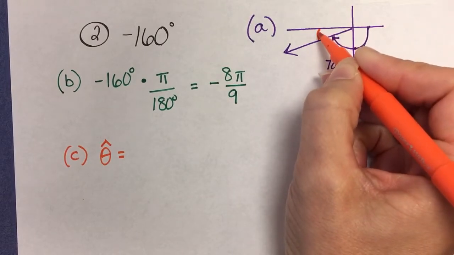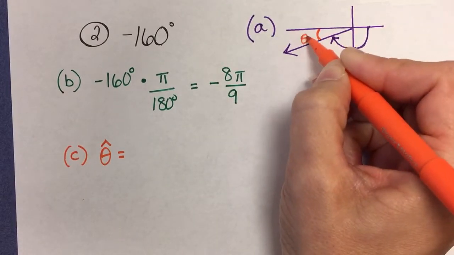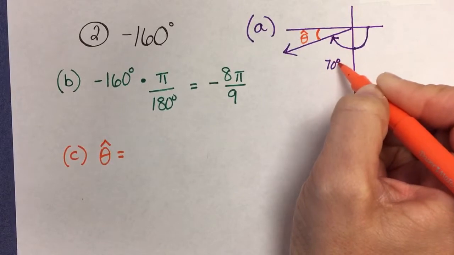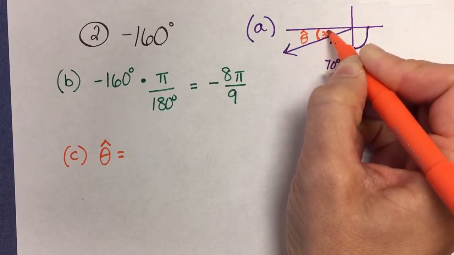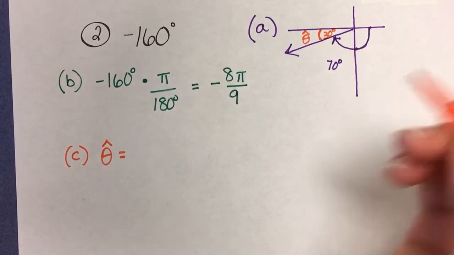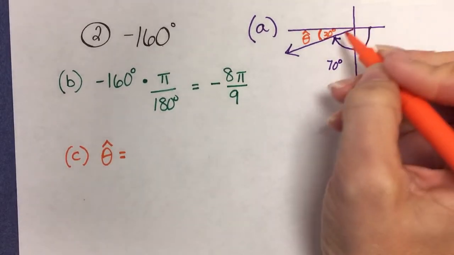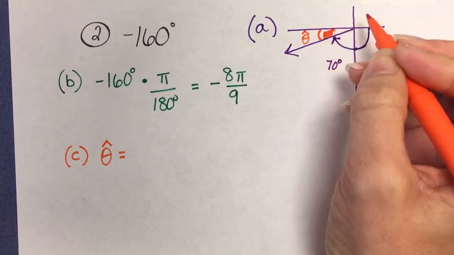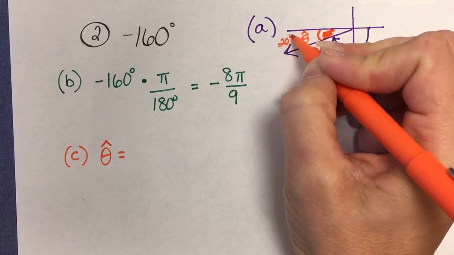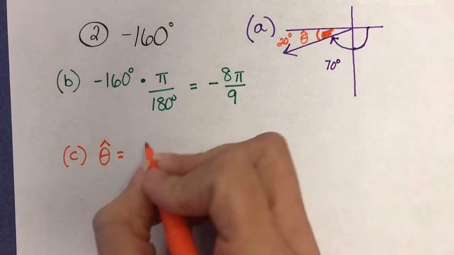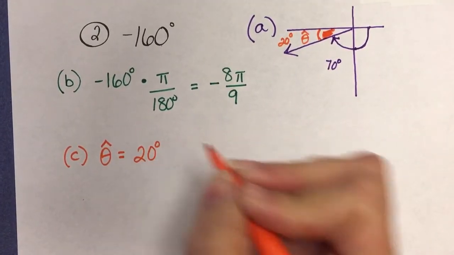Reference angle has to be the part that touches the x-axis. So, if this is 70, though, we know that this part then would have to be 30. No, I'm sorry, 20. Let me draw it right here. Sorry, 20 degrees. So my reference angle is 20 degrees.